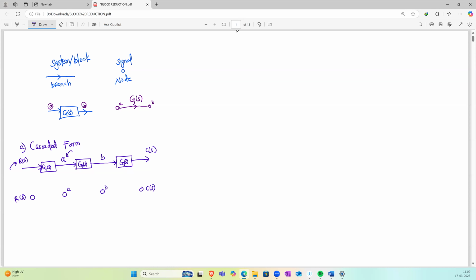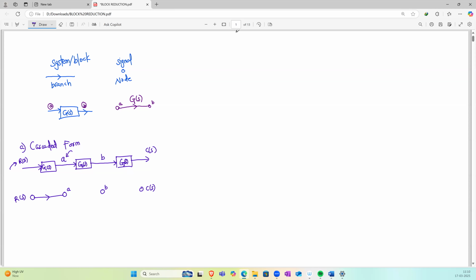Now, the second thing is to draw my branches. So branches represent the system or the block. So the first branch is this. Then I take note of the direction. The direction shows the direction of the signal through the system or the block.